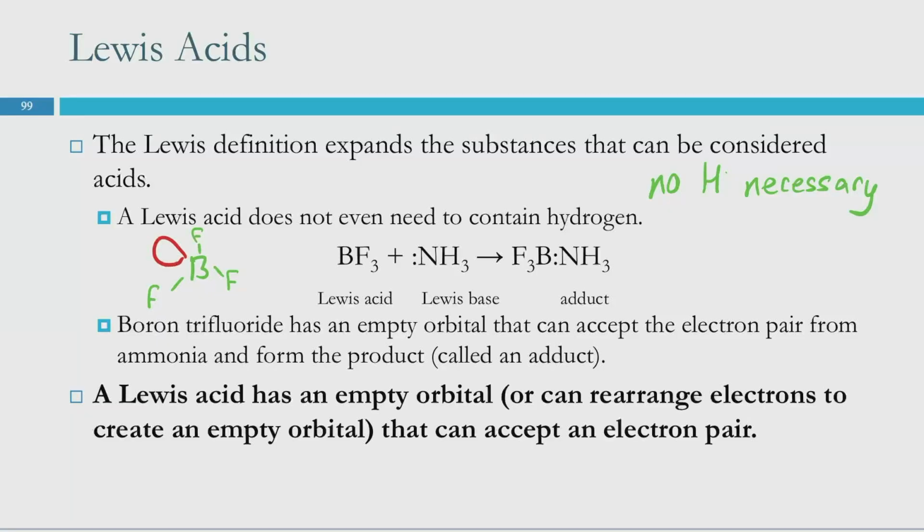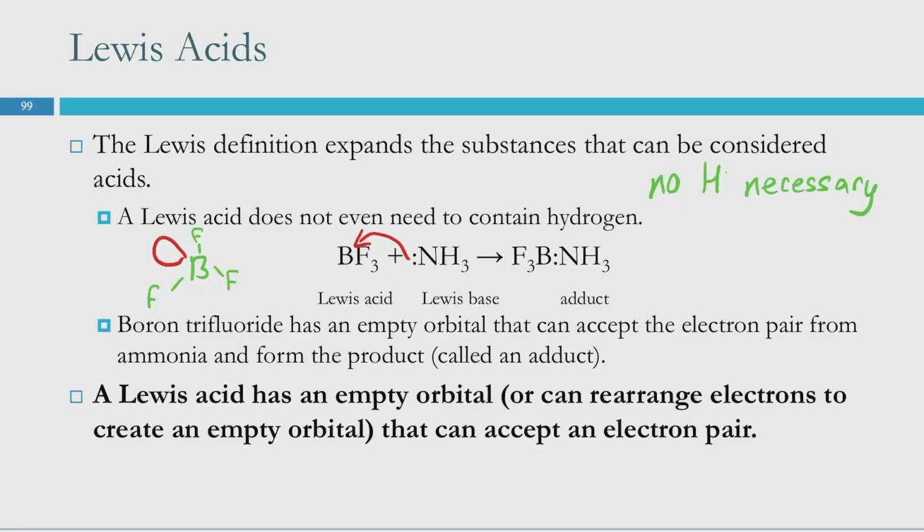It's only got 6 electrons around it, and that leaves an empty space for a pair of electrons to get donated. And since boron trifluoride, the boron here, is accepting that electron pair, it's behaving like an acid. And our ammonia, which we know is a weak base in our Bronsted-Lowry model, since it's donating those electrons, is a base, a Lewis base. And then when those two things go together, we call that an adduct.